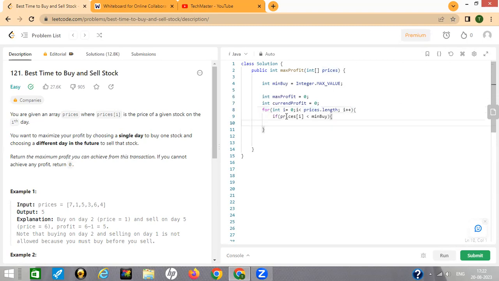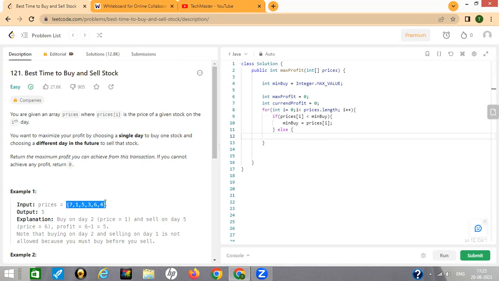And one thing is that initially the minimum price at which I'm trying to buy the product, that's the minimum buy, and initially the first price will be assigned because we have taken the maximum value of integers. So initially the minimum buy will be assigned with the first price.